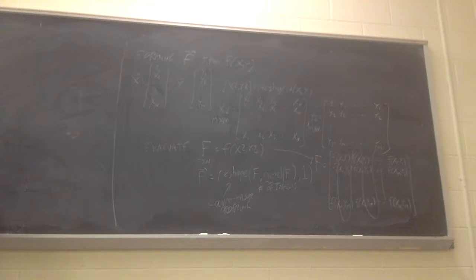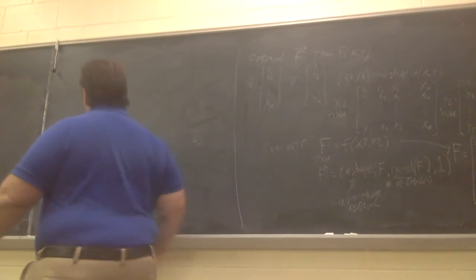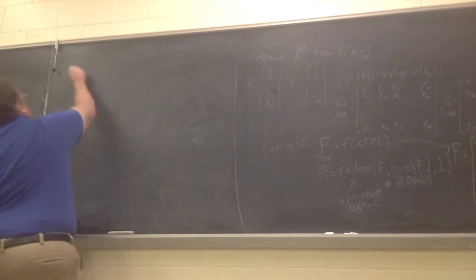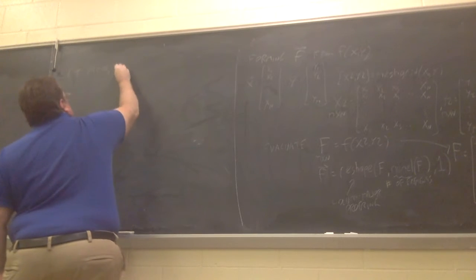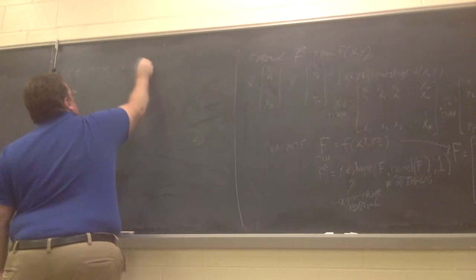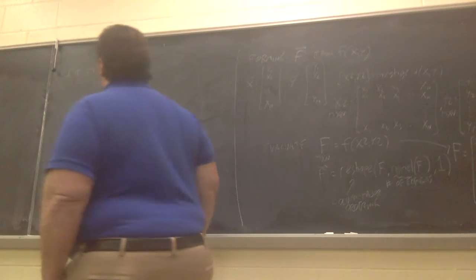Okay. Now, I'm going to assume that the number of points in the x and y directions are equal, and also that n is odd.